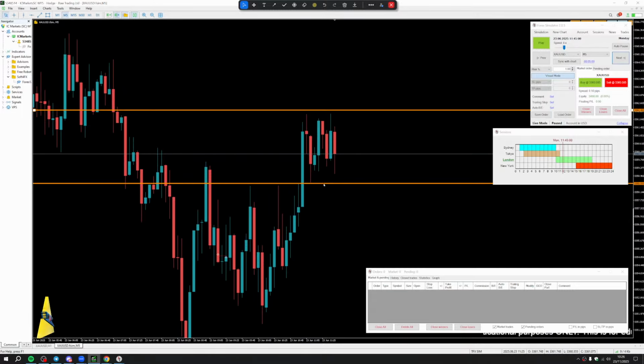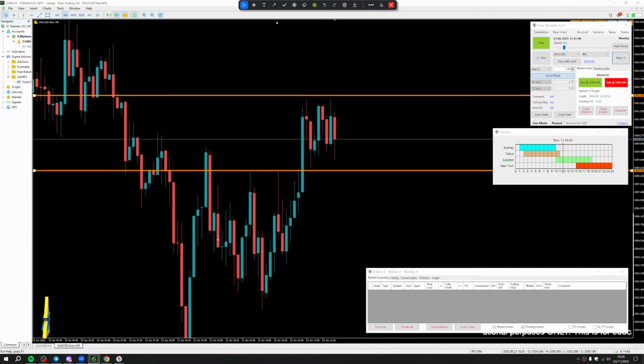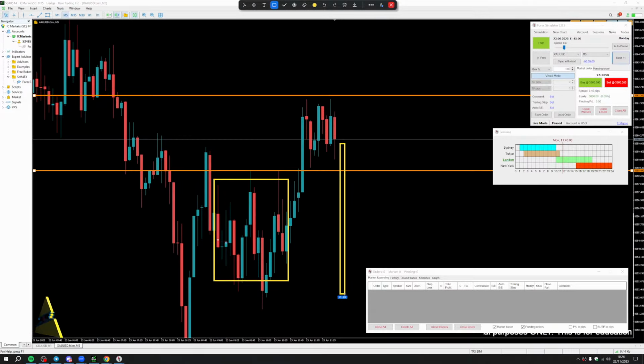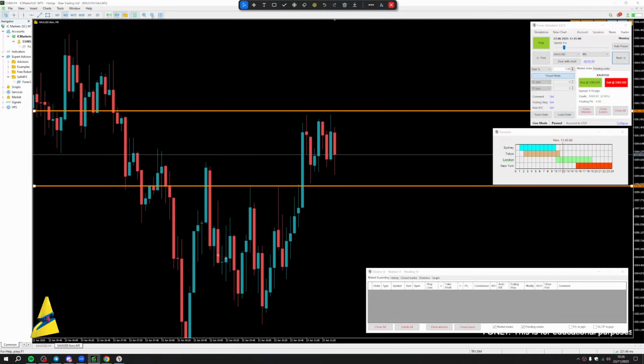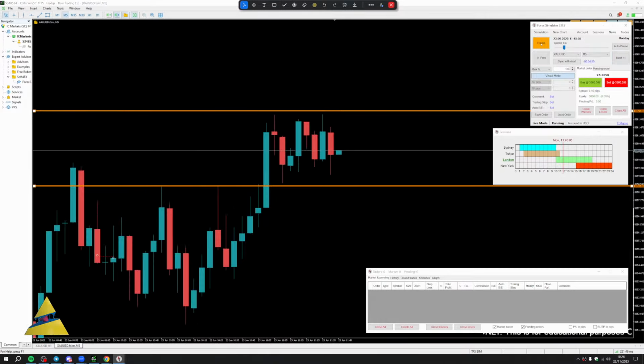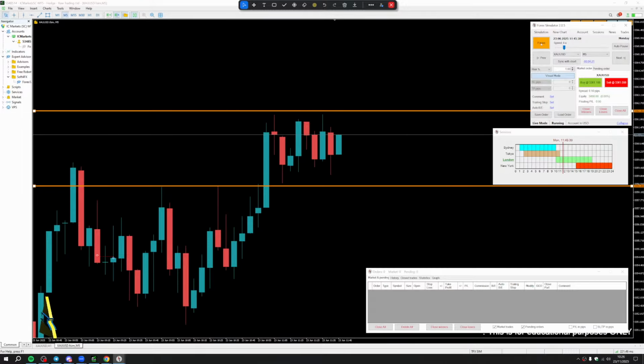Heck, we could just keep moving down. This could just be a fade of these buyers over here to continue pushing down bearish. Or it could be a continuation for price to continue to move up bullish. Either one of those two things. So we're just going to let the market decide over here. Right now, it's moving sideways.